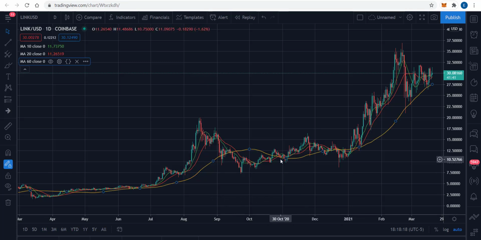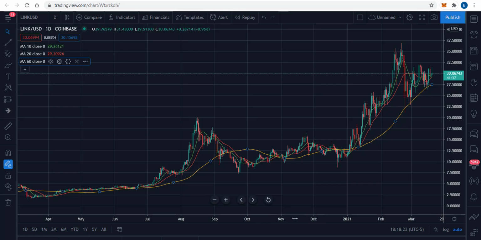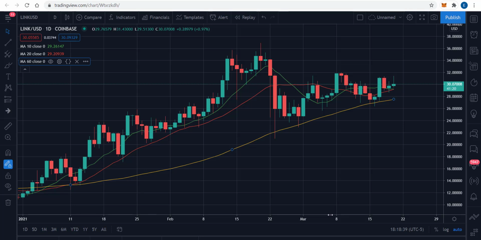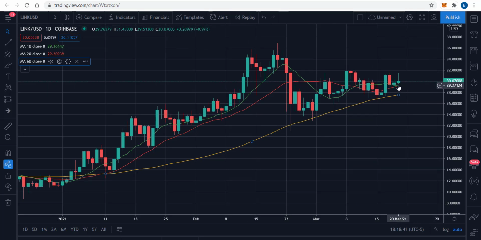All right. So no surprises during up moves we've seen. We'll see the 10-day higher than the 20, and you can see since 2021 it's definitely been on a tear. And then we had this pullback back in February, big time, and we're starting to pull back from that and head higher again. Right now all three moving averages are in line, with the 10 slightly higher than the 20 and the 60, but I don't like that.